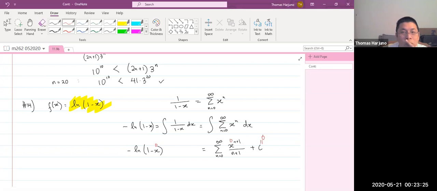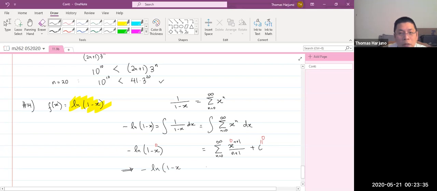So basically, if I update that, I will get negative ln(1 minus x) equals the series, n equals 0 to infinity of x to the n plus 1 over n plus 1.